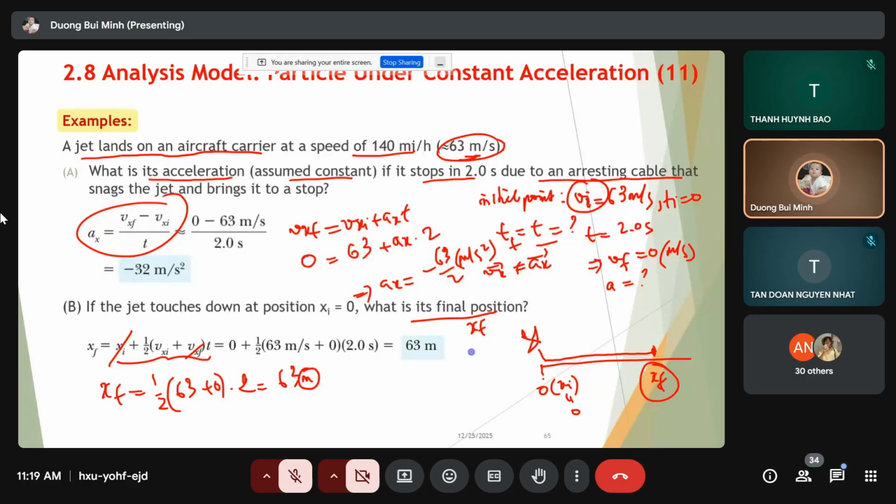Okay, very quickly. So if you can model these physical operations of the object, you can apply some equations in relation to constant acceleration to get the result.